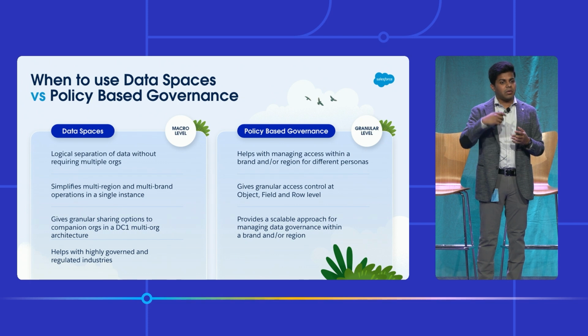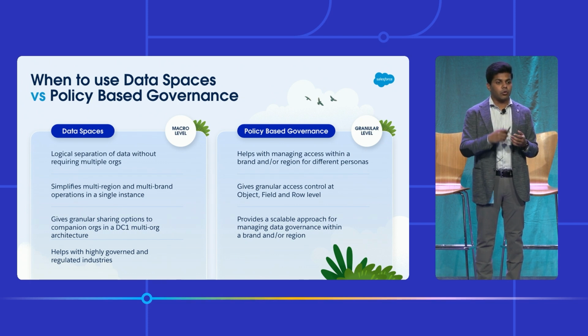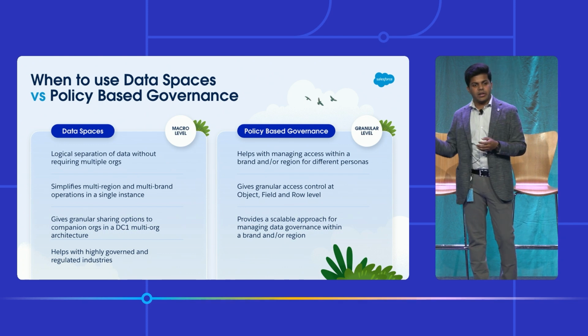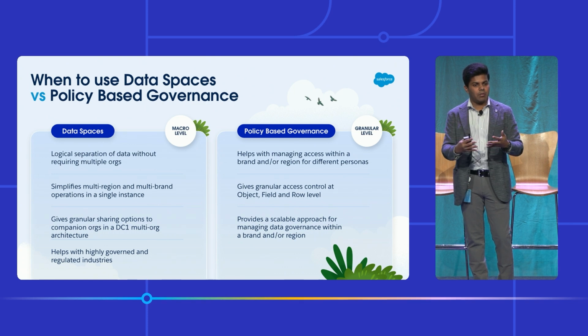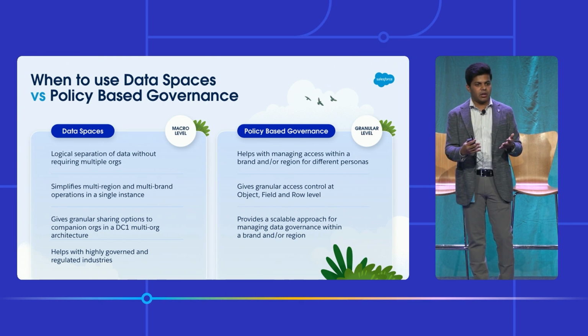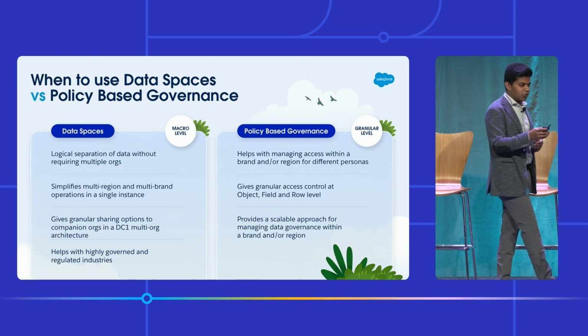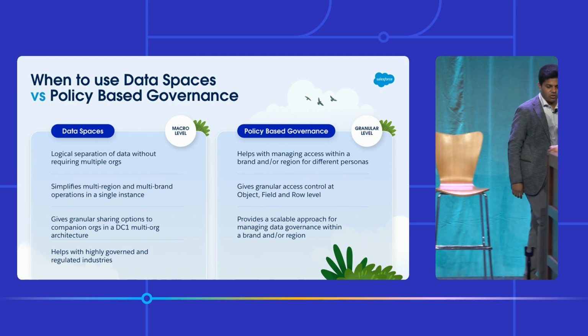At the same time, data spaces can be useful for you to do granular data sharing among your companion orgs as well. On the other side, policy-based governance is used for you to do row level, column level security and assign different access controls to your different personas within an existing org. So that is the difference between these two. With that, I'll hand it back over to Vandana to cover other architectural considerations.